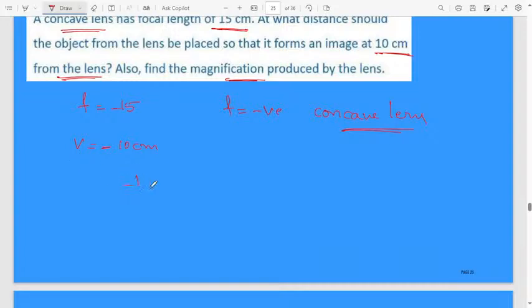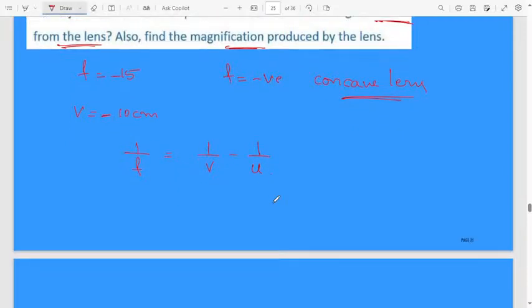Then consider the lens formula, 1 by f equals 1 by v minus 1 by u. Otherwise you can simplify directly.